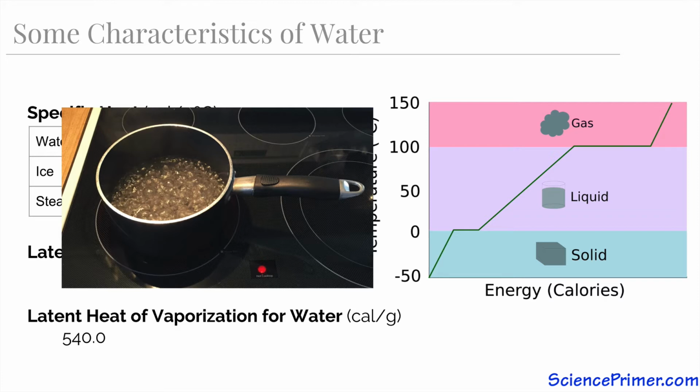Getting back to the question about which is worse, a burn from 100 degrees water or 100 degrees steam, the high latent heat of vaporization for water, indicated by the length of the flat line between water and vapor, suggests that the burn from steam is much worse, because water vapor has 540 more calories of energy per gram than liquid water at the same temperature.